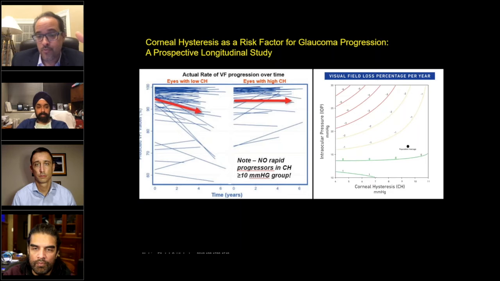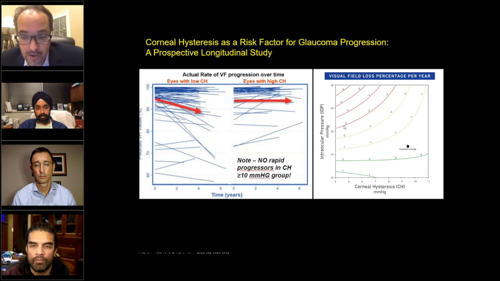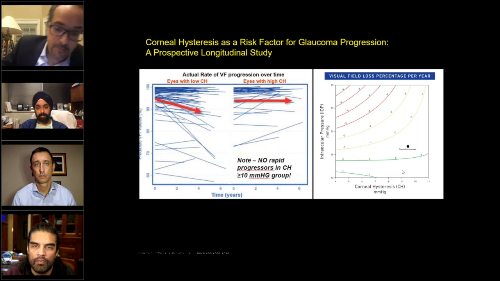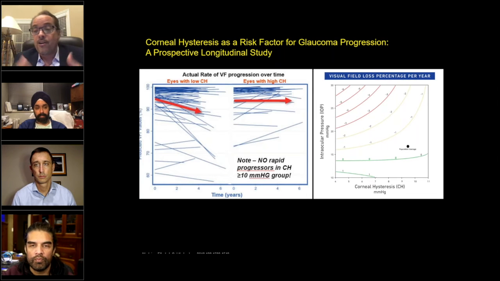So let's say -3% per year. That may actually sound small, but you have to think about it in that it will accumulate over time. If I have -3% per year, in 10 years I lost a third of the visual field. So it's actually an extremely fast progression. So low corneal hysteresis and high intraocular pressures were particularly harmful.